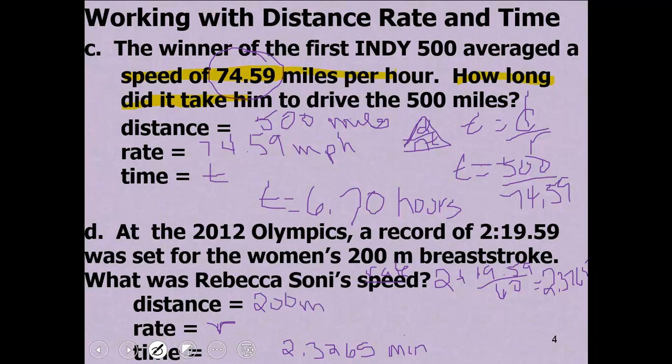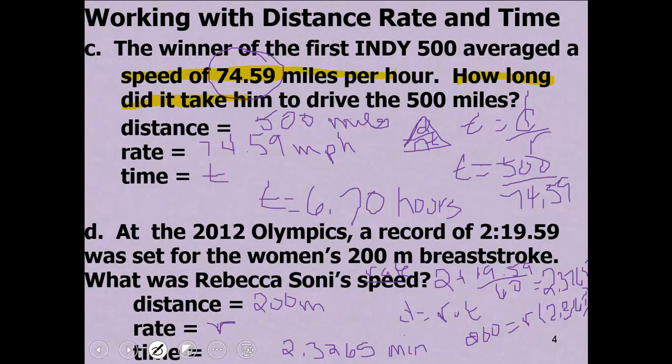Okay, now let's say you're like, oh gosh, do I multiply? Do I divide? What do I do? If the triangle thing doesn't work for you, always remember one form of it, because then you plug in and your equation will tell you what you're solving for and whether you multiply or divide. If you always were to start with distance equals rate times time, okay, we would plug in for D, we would get 200 equals R, I don't know, and T is 2.3265.